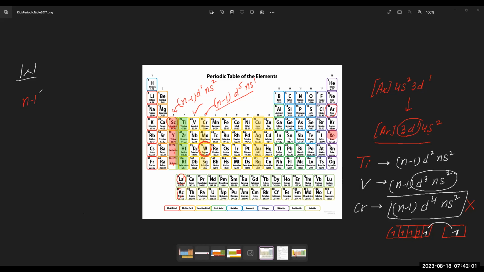That's the general configuration, Vivan, you're giving me. I want the normal configuration, complete configuration in noble gas notation. Am I audible, children?